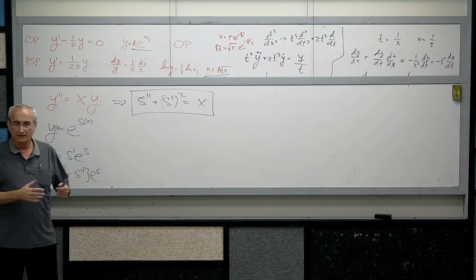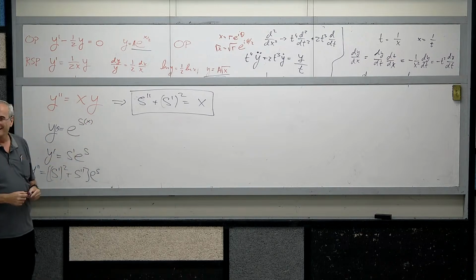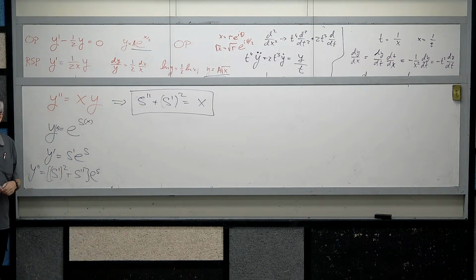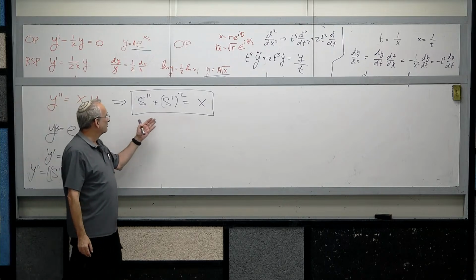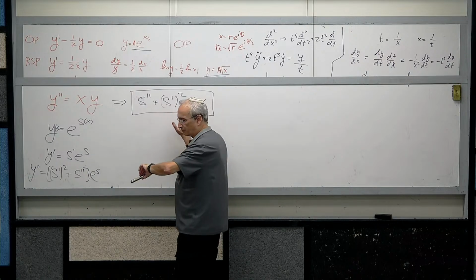There is a law of conservation of hardness of problems. You cannot take a hard problem and make it an easy problem by just an idiotic substitution, right? If it's easy in whatever coordinate system you have, it's easy. If it's hard in whatever coordinate system you have, it's hard. So this is a meaningless manipulation.